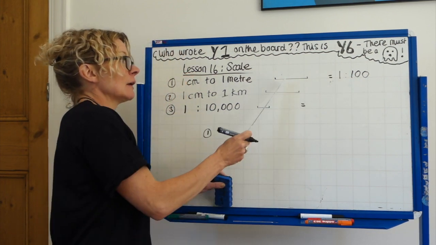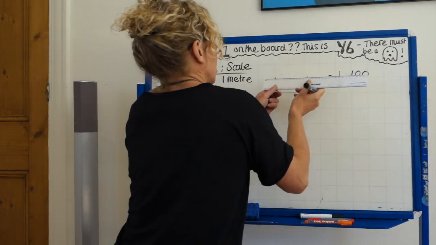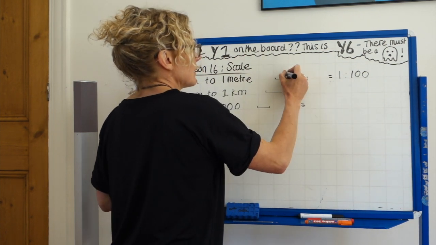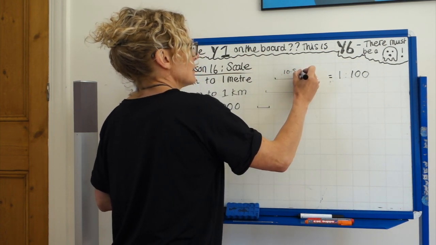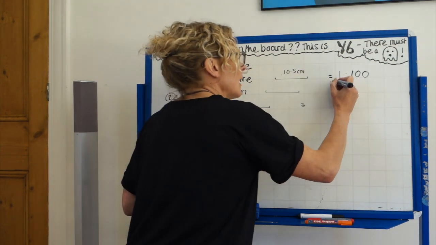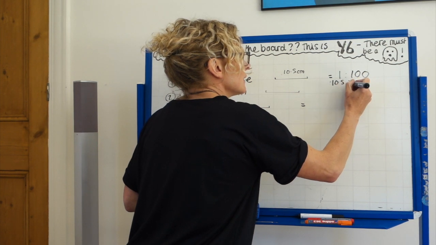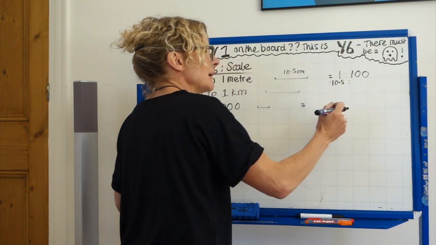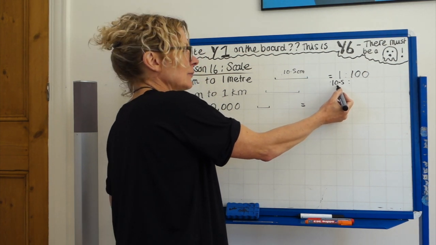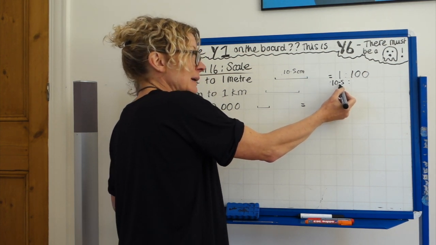So let's measure how many 1s we've got in this line. We have got 10.5. 10.5 lots of 1. Okay, so we put that on that side. Okay, so how much is that going to be in real life? What have we done with the 1 to make it 10.5? We've made it 10.5 times bigger, okay?